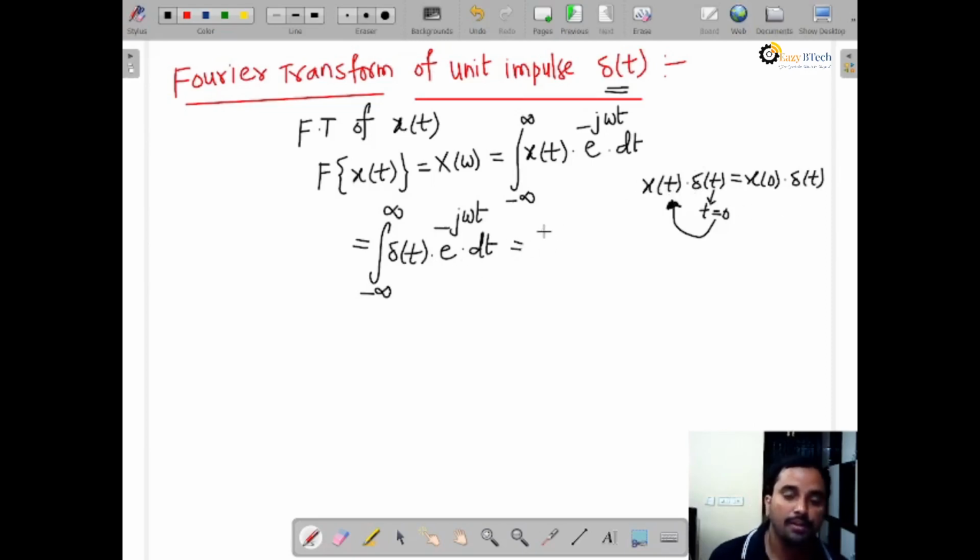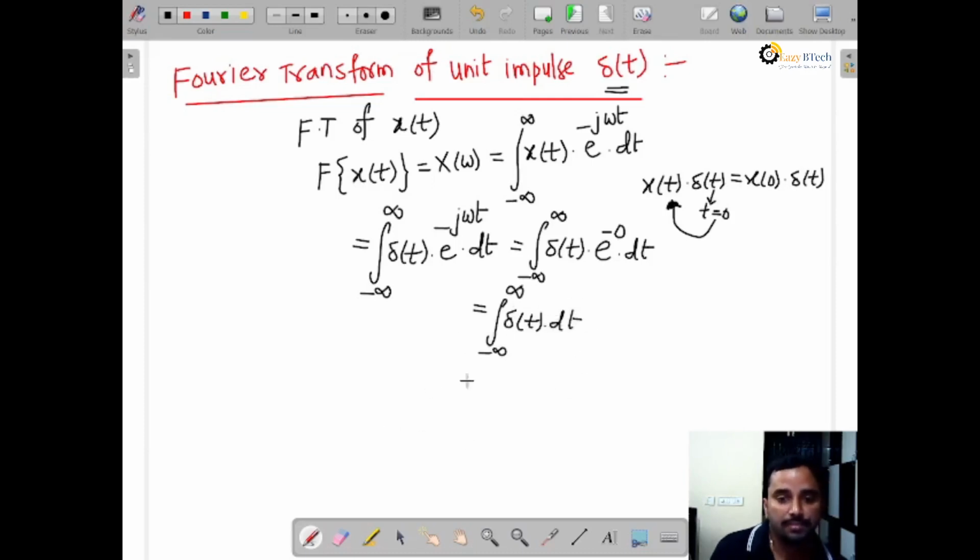So integral minus infinity to plus infinity del of t into, so del of t is as it is, into x of 0 means e power minus 0, dt. So e power minus 0 or plus 0, it is 1. So this will be integral minus infinity to plus infinity del of t dt.